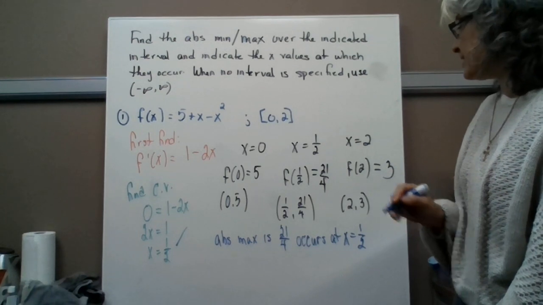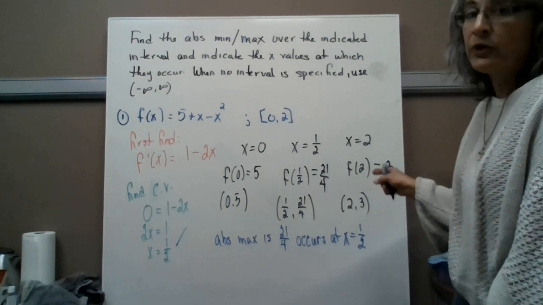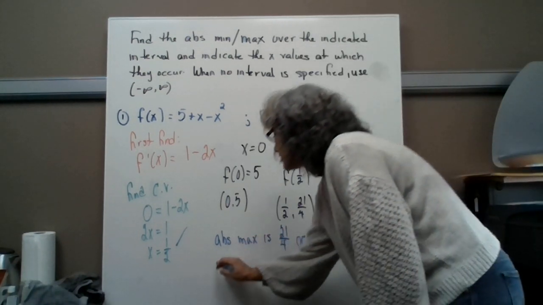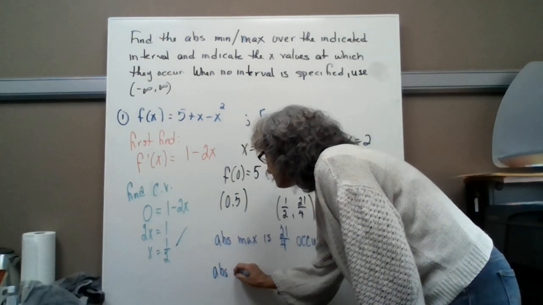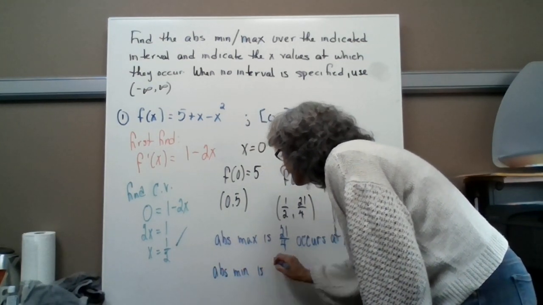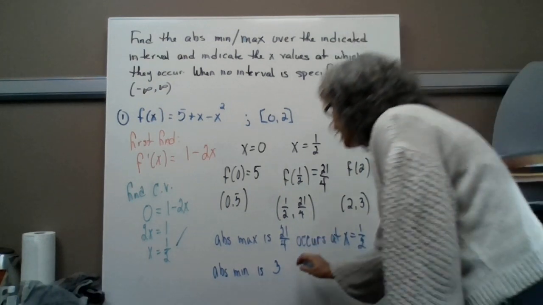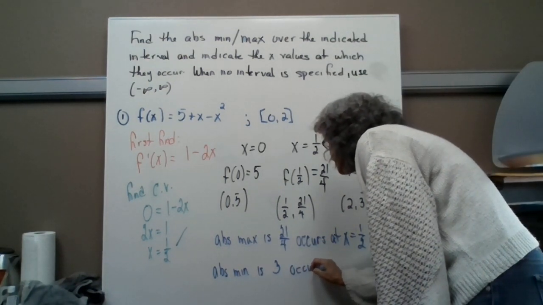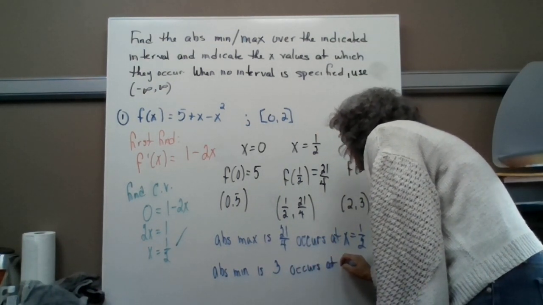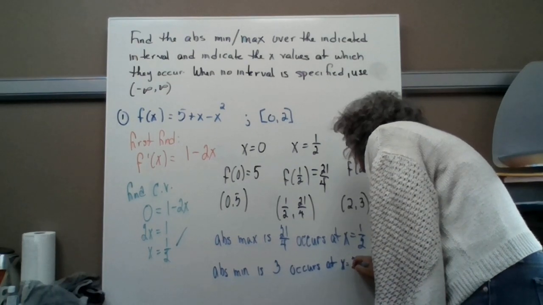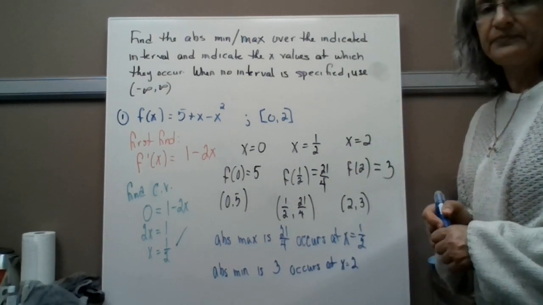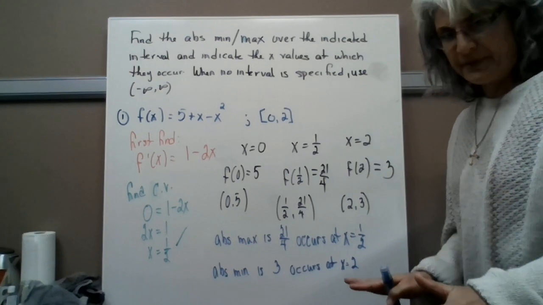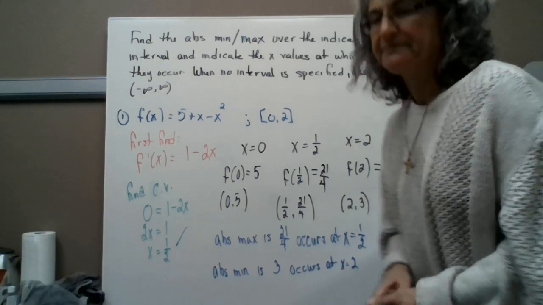Now, the smallest y value will be my absolute min. So in this case, the absolute min is 3. It occurs at x equaling 2. Pretty simple, right? Keep it that way. I'll be right back.